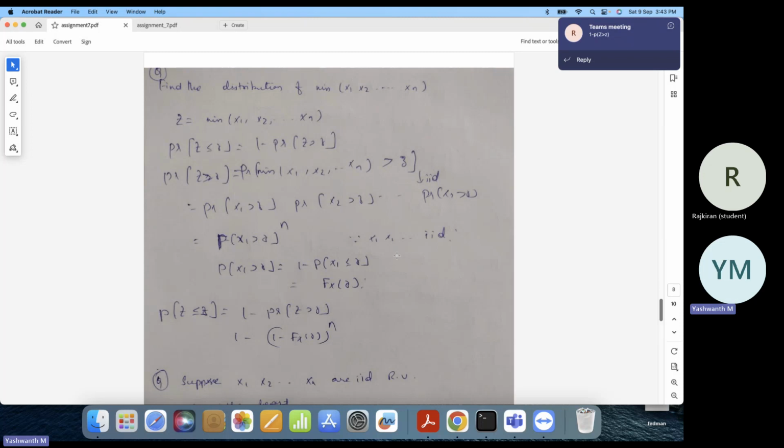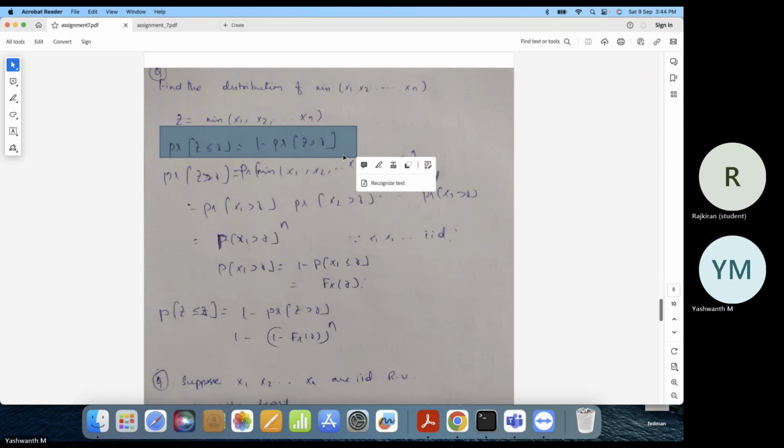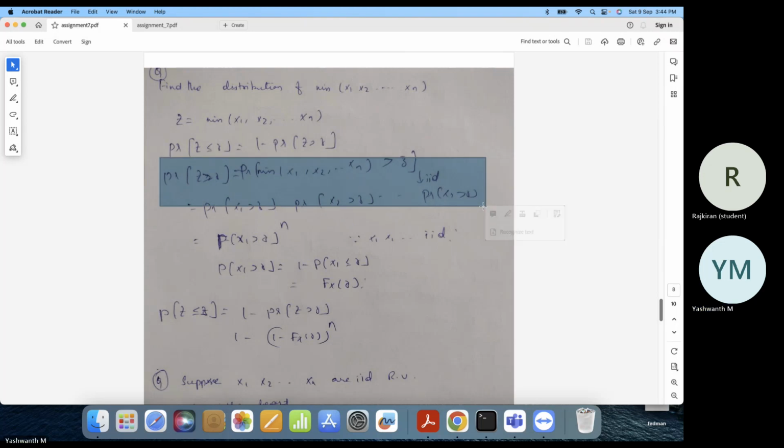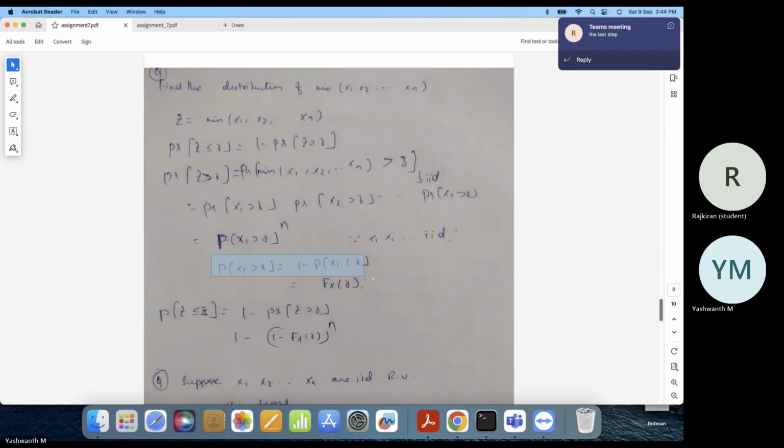One minus probability Z greater than z. This is by definition. Z can be either less than z or greater than z, so when you sum that, it is 1. That's why probability Z less than z is 1 minus probability Z greater than z. Okay, do you want me to expand this part?